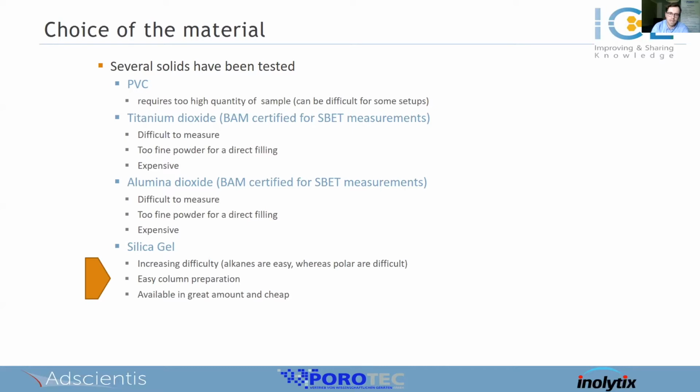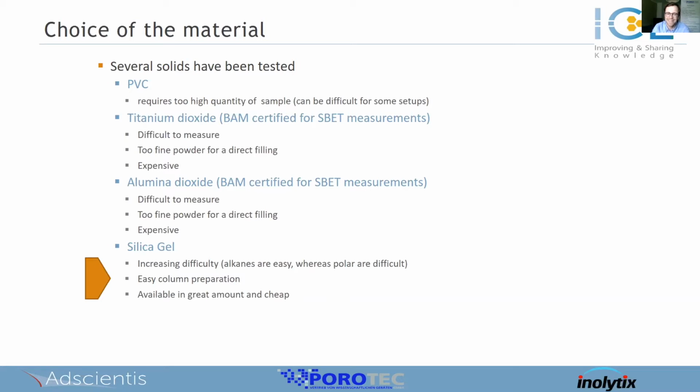The second try were 2 different BET surface area standards from BAM, titanium dioxide and aluminium oxide. But both are difficult to measure as they are very interactive and they are fine powders that have to be compacted before introducing into a column, and this could generate first deviations in the results.